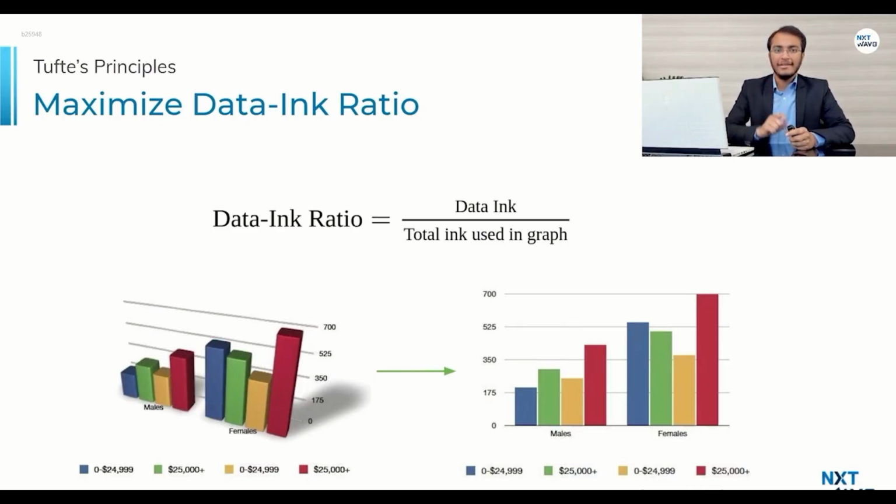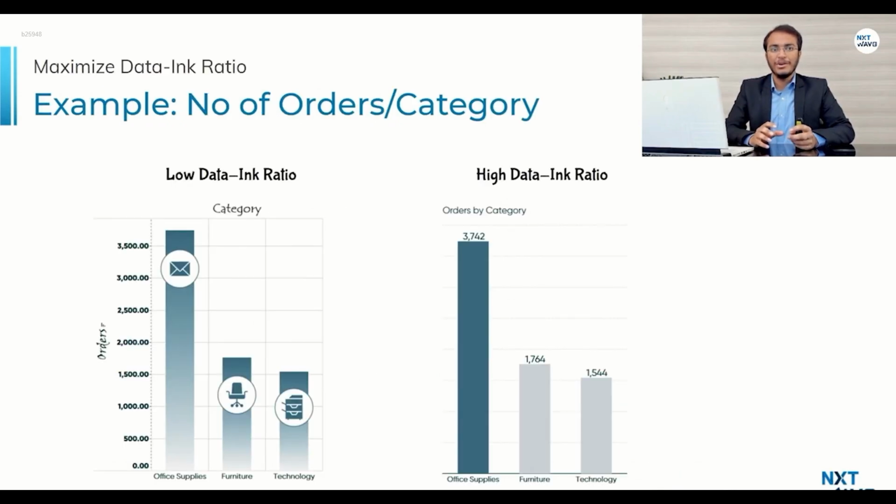Now let's look at another example where the data ink ratio can be maximized. On the left side, we have a visualization showing the number of orders per category. We have 3 different categories: one is office supplies, the second is furniture, and the third is technology. And we have a different number of orders in each of these categories, and there is a visualization.